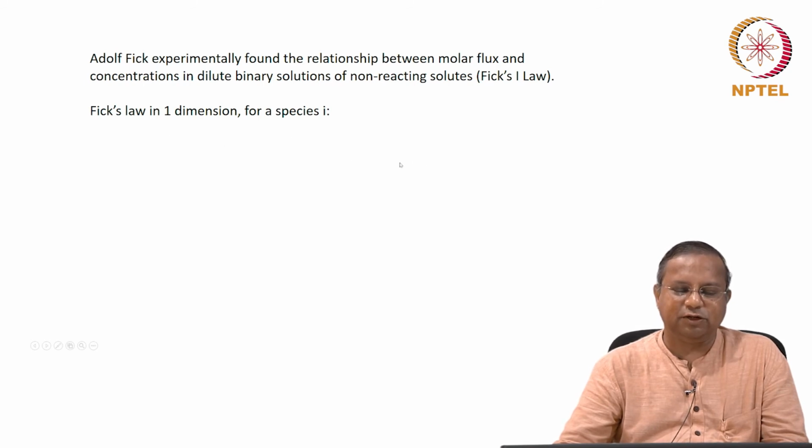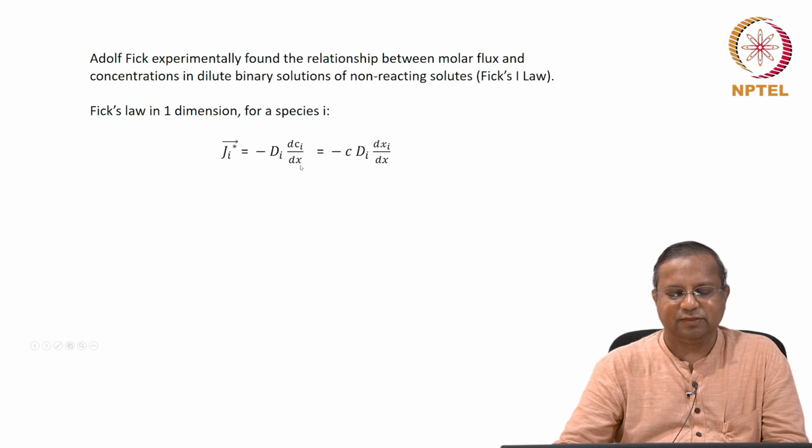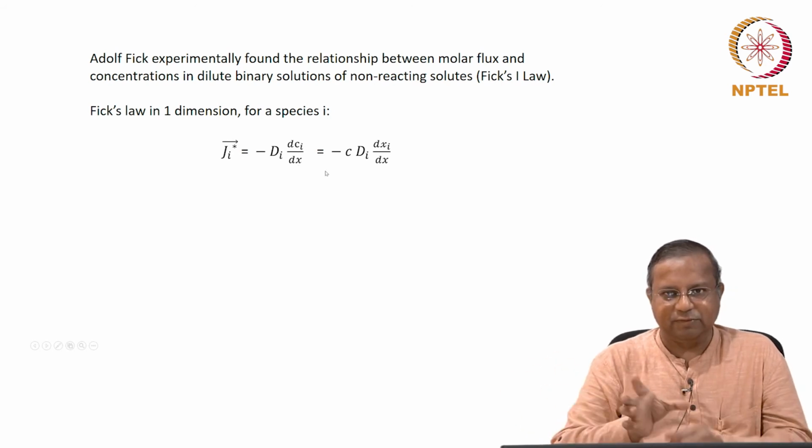Fick's first law in one dimension for a species i is nothing but the molar flux of i equals Di times minus dCi/dx. Let me take the minus along with this where it actually belongs. dCi/dx is nothing but the concentration gradient, the variation of concentration with respect to space, single dimension x.